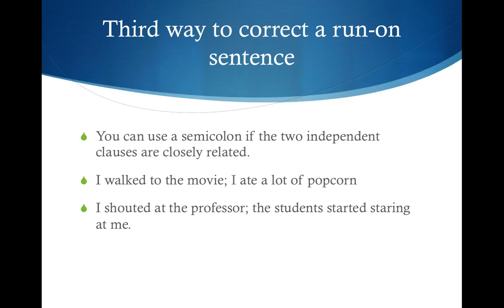Another way you can correct a run-on sentence, you can use a semicolon if the two independent clauses are closely related. So you want to make sure if you're writing two independent clauses, they have to be somewhat related. And in these two examples, you'll see that they are somewhat related. So: I walked to the movie; I ate a lot of popcorn.